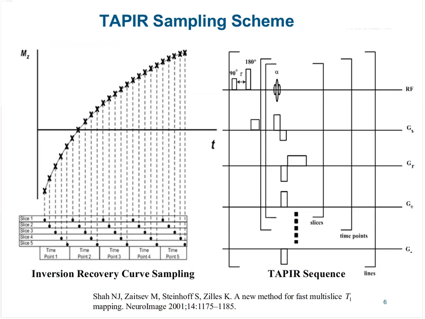So it works like this: the first time point of every slice is acquired on the inversion recovery curve from this time period to this time period. After that, the second time point is sampled for all of the slices, and then the third, and then the fourth, and then the fifth. So that's how the whole inversion recovery curve is sampled for 5 slices and 5 time points.